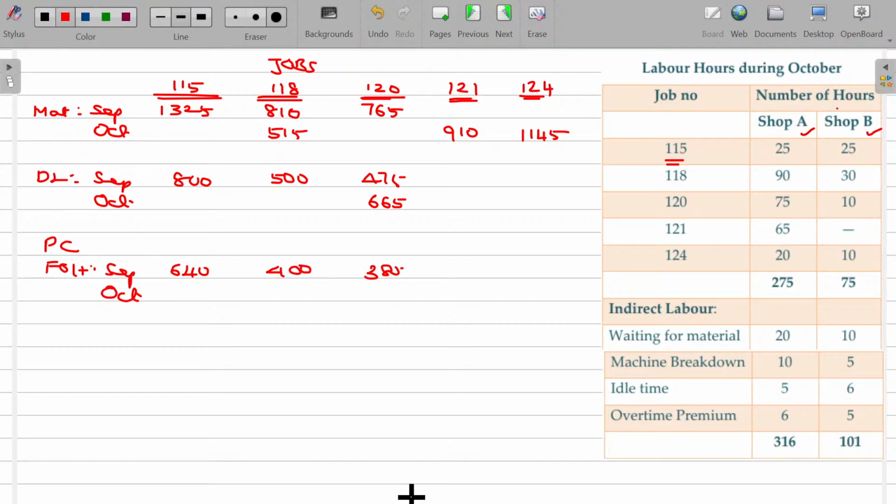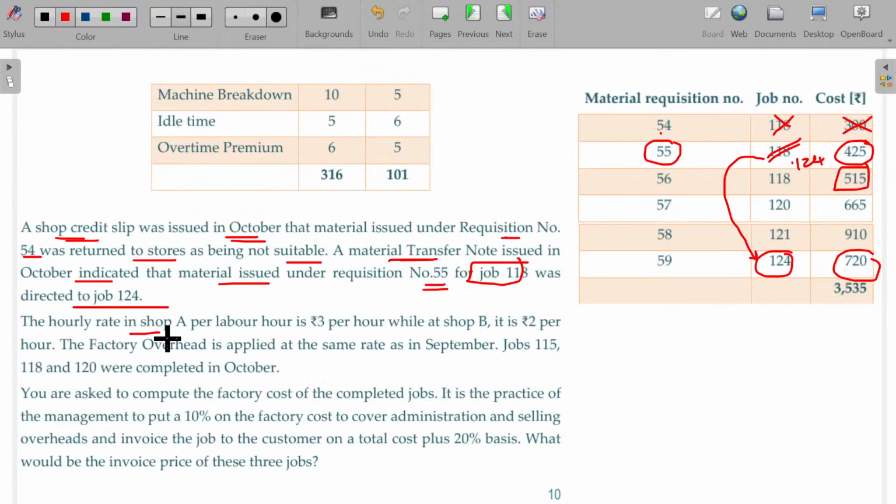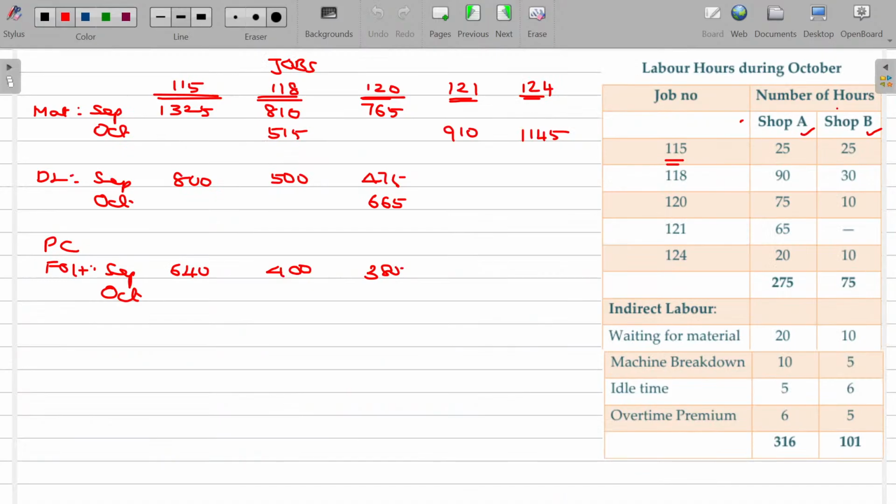Apart from that, the hourly rate in shop A is 3 rupees per hour and for B 2 rupees per hour. So 25 into 3, 75 and 25 into 2, 50, 125 will be the value for job number 115.